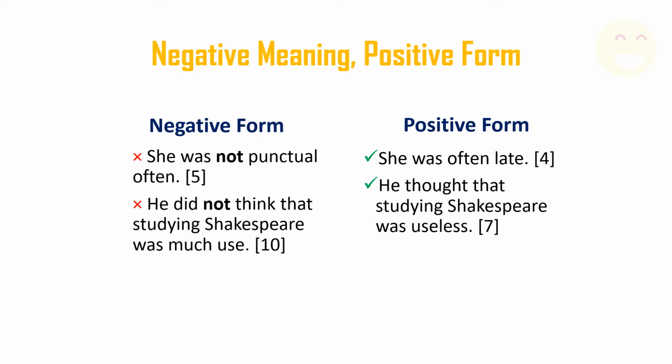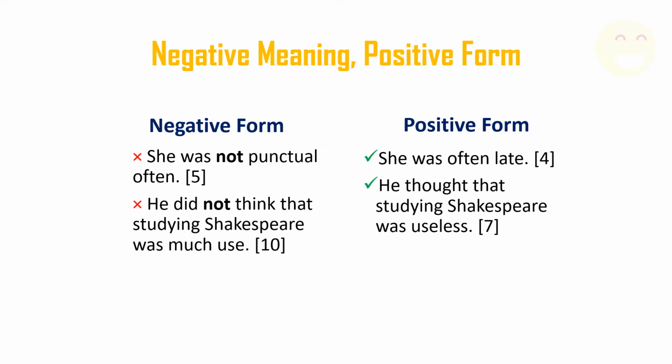He did not think that studying Shakespeare was much use. He thought that studying Shakespeare was useless. All right, so in the first example, rather than negating punctuality, we can simply assert what she was, which is late.